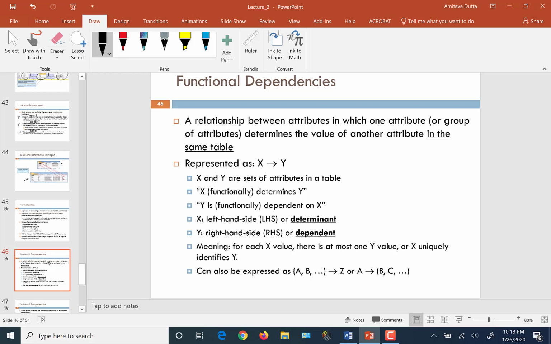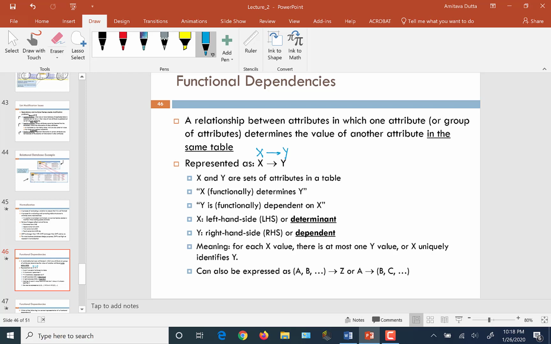First of all, it's written in the following manner: X, right arrow, Y. This is the manner in which it is written, and the way you read it is from left to right.